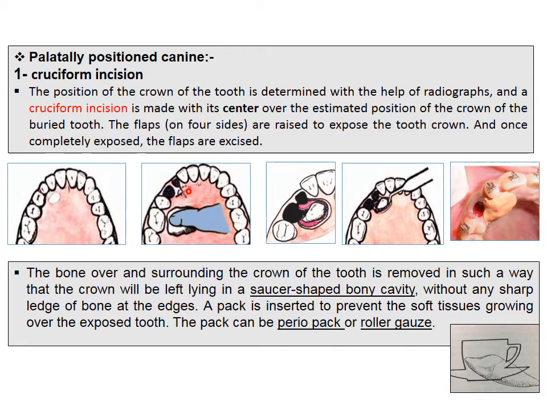The bone over and surrounding the crown of the tooth is removed in such a way that the tooth is left lying in a saucer-shaped bone cavity, meaning the tooth stays within the bone with a short depth, like this image.